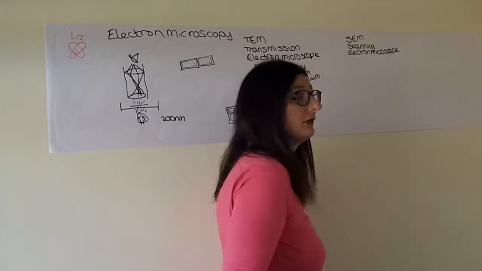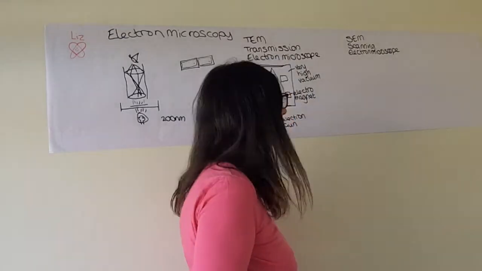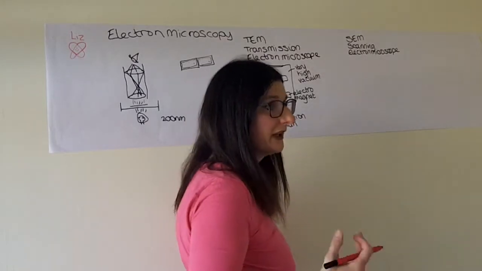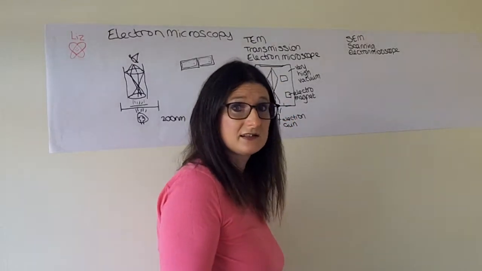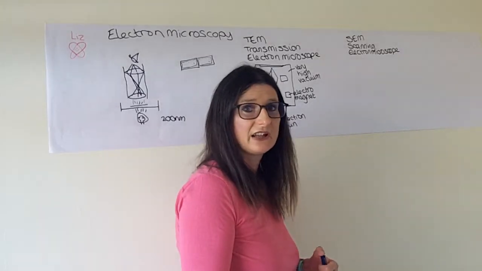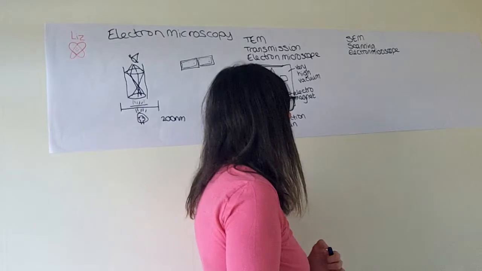The other type of microscope that you might want to know about is a scanning electron microscope. And again, it's kind of similar how it works, but it's looking at things from a slightly different angle.